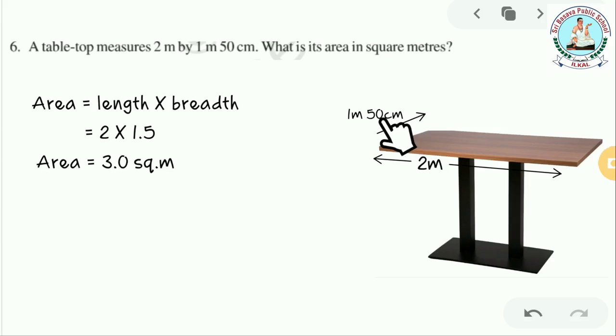So length is 2 meter and breadth is 1.5 meter. Area equals length times breadth. When you multiply 2 and 1.5, your product would be 3.0, that is nothing but 3. So this is the area of the tabletop.